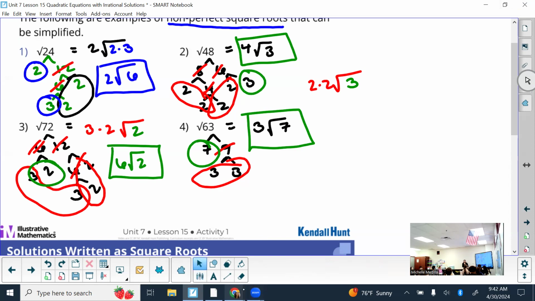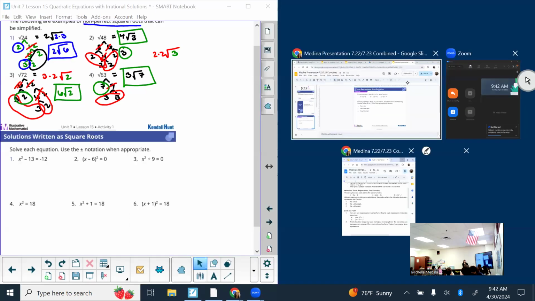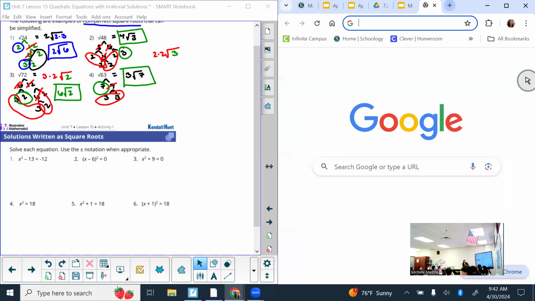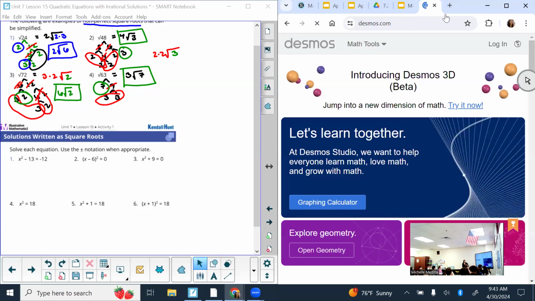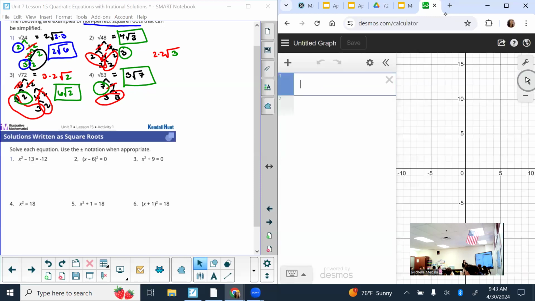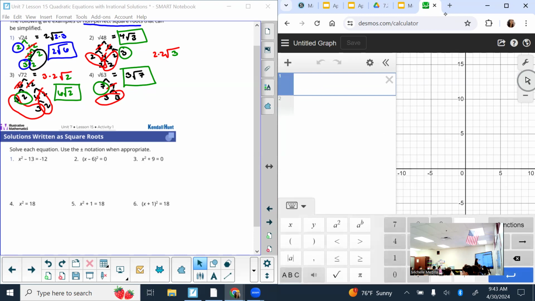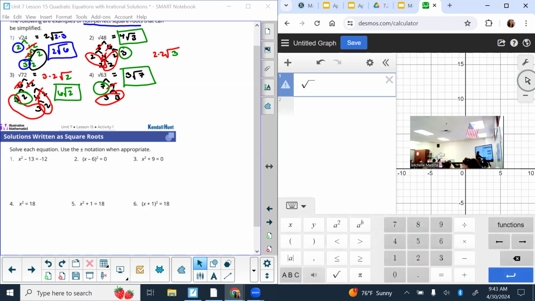One thing you can do though, because calculators can solve a lot of your problems if you know how to use them, except if it's not multiple choice, then it's just hard. But if it's multiple choice and you're trying to figure out what answer is equivalent to yours, take the square root of 63, for example. It gives me that decimal, and of course Desmos will round because it can't show you all the numbers.